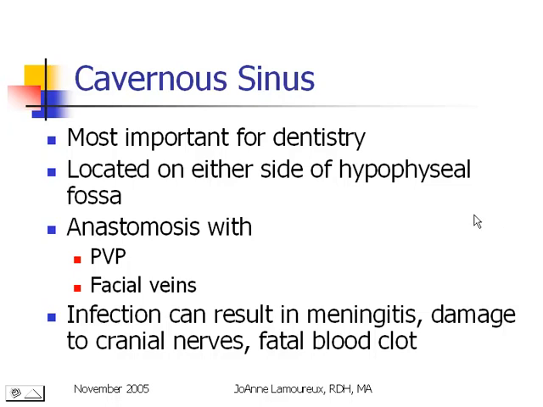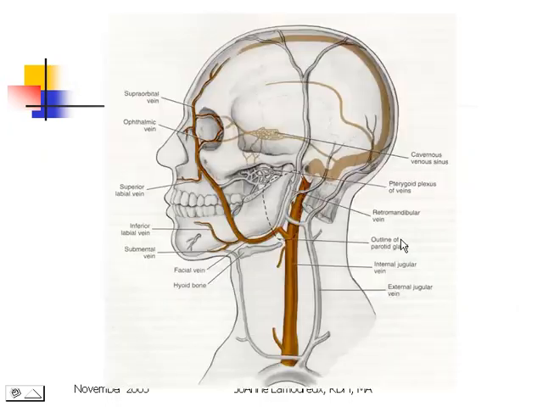Also, the cavernous sinus has several cranial nerves that pass through it. They could become damaged, or a fatal blood clot could be set up. This slide shows you they've grayed out the pterygoid venous plexus, and here's the cavernous sinus, but you can see that these veins connect with one another.